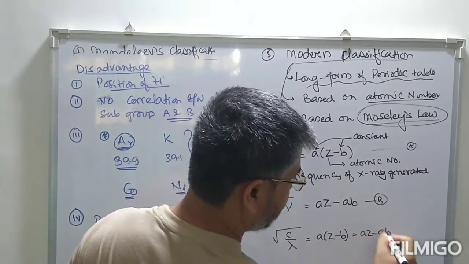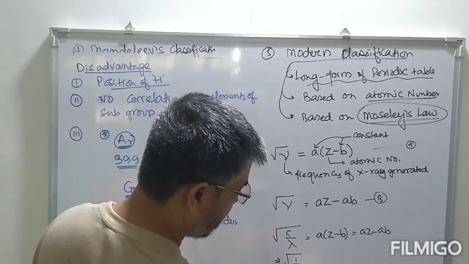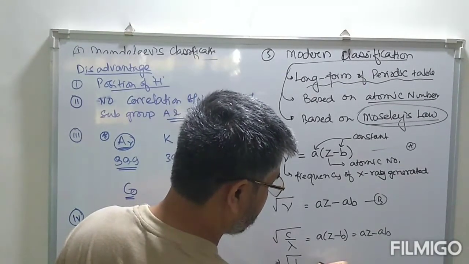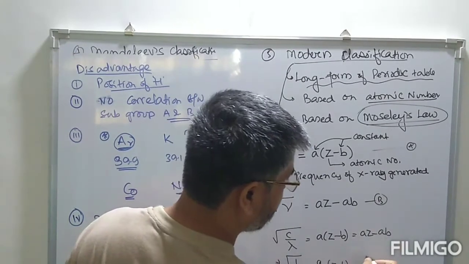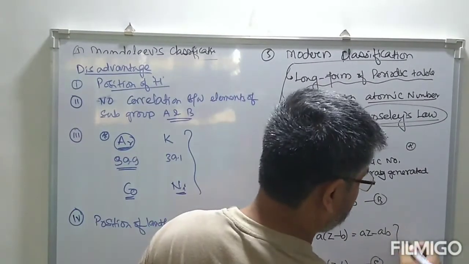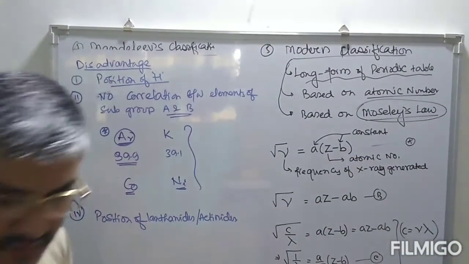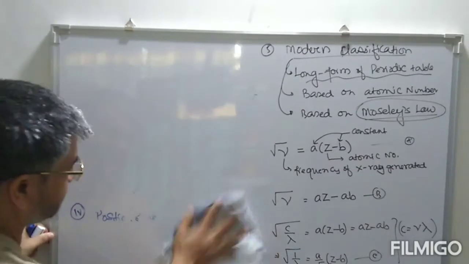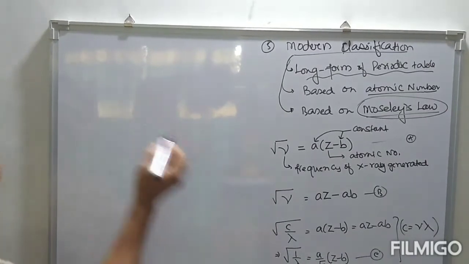Therefore, look at this, 1 by lambda is equal to a by under root c times (Z minus b). These are different forms of the same equation. Taking this, look at this equation 1, equation 2.